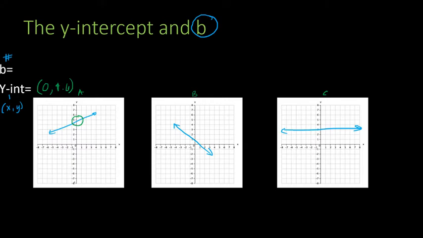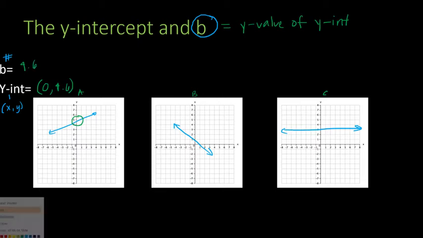Any point lying on the y-axis has an x value of 0. So if the y-intercept is (0, 4.6), b, as I said, b equals the y value of the y-intercept. So b is just then equal to 4.6.